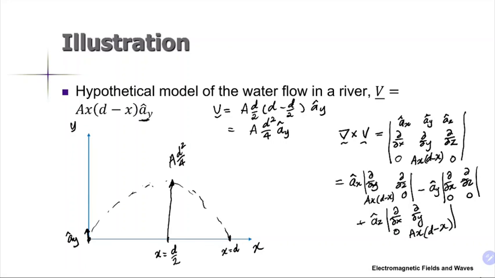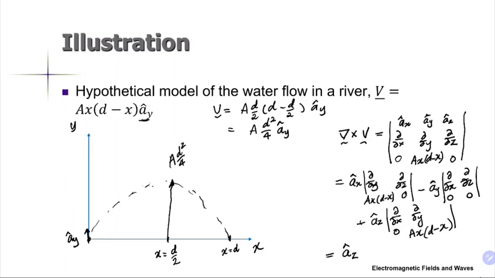Okay, so if you look at this, my x components, so del y 0, that will be 0, minus del over del z, there's no z here, so this derivative is going to be 0 as well. So my az will be equal to 0. My ay, if I do this, just both 0, so this determinant is going to be 0 as well. So I only have a component in my az.